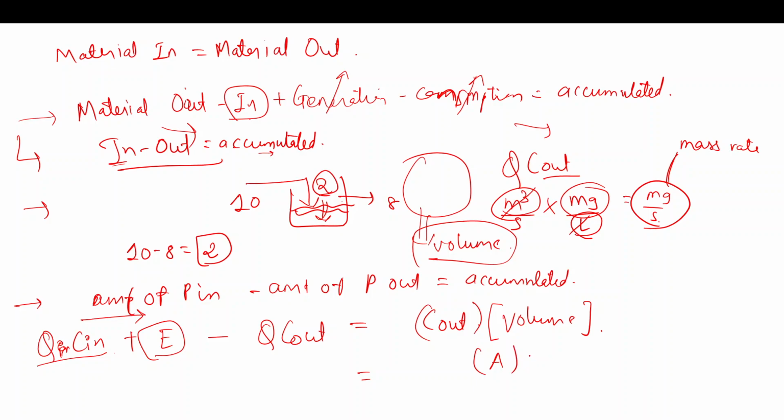So area into settling rate, sorry, velocity. Multiplying both will give us mass rate again. So if we put in the values, Q we know, C in we know, C out we do not know, A we know, and settling rate also we know.